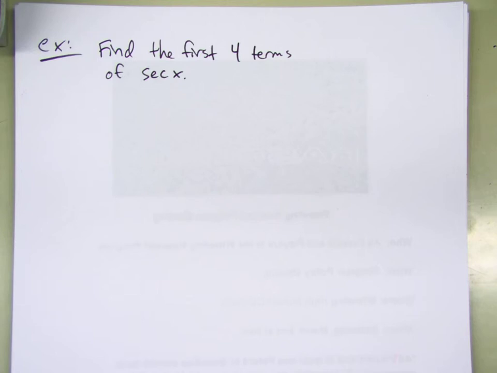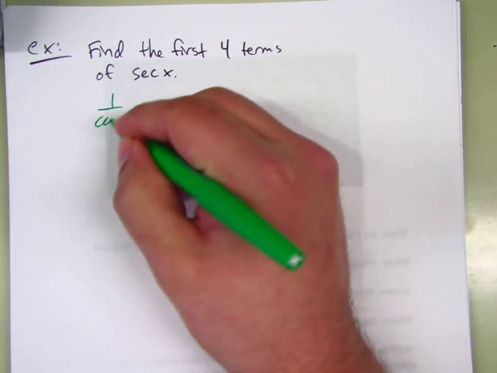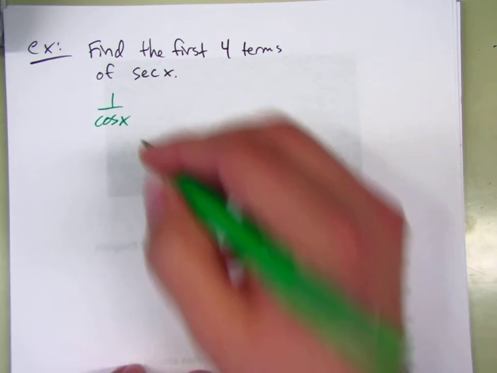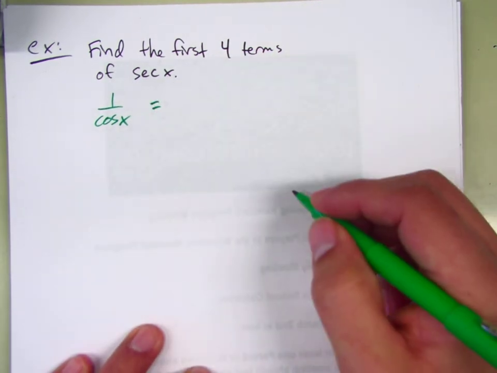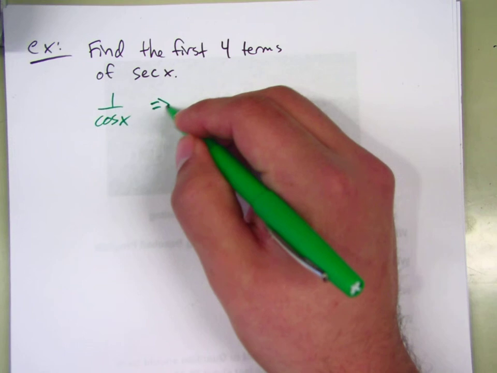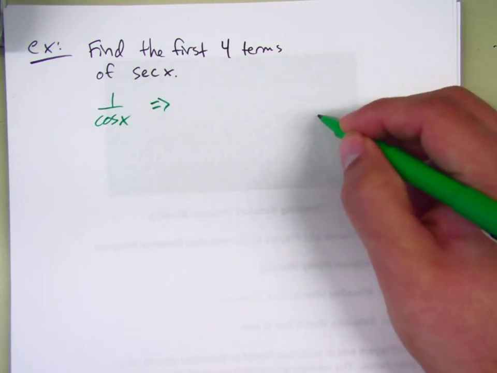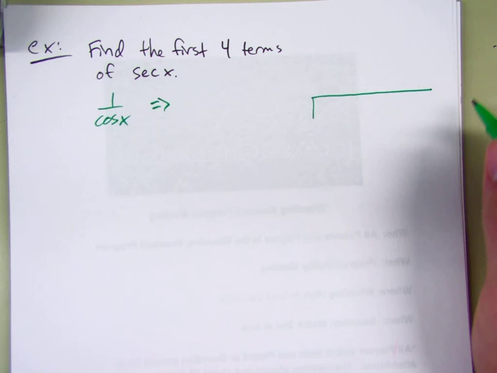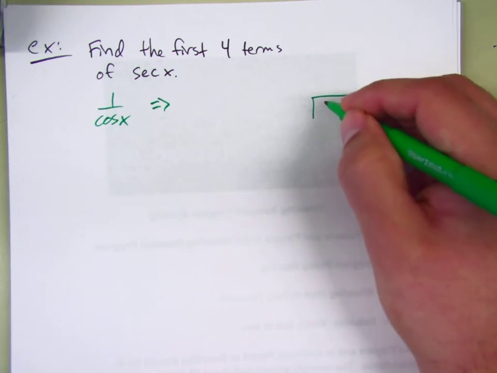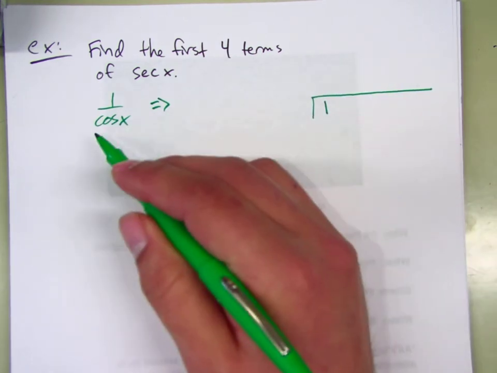Well, secant x is what, really? And so, if we do some long division, you could do something like this. If we're just looking for the first four terms, we're going to take 1 and divide it by cosine x.